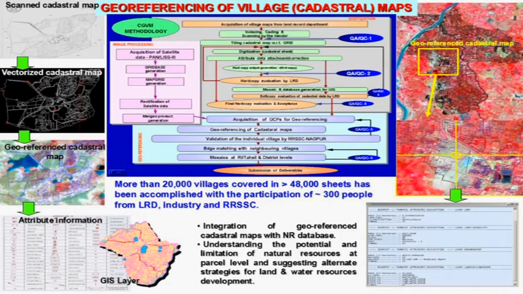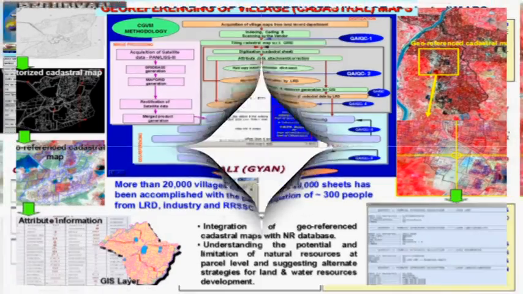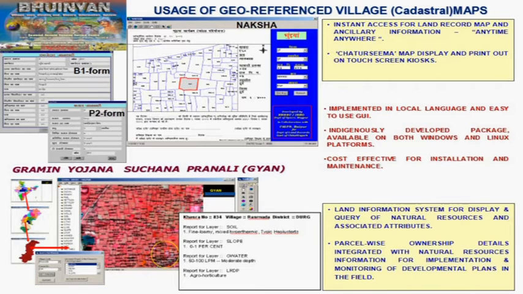Once we do this, we have a cadastral map overlaid onto satellite data, and the satellite image derived information is also available in a seamless mode, where we can make a number of projects beneficiary oriented. While having this, there are also certain other projects which have been done. Given the state government's requirements in Chhattisgarh, the cadastral maps are available as Chaturasima maps, whenever a farmer would like to go for a loan every year, to show his proof of land ownership.